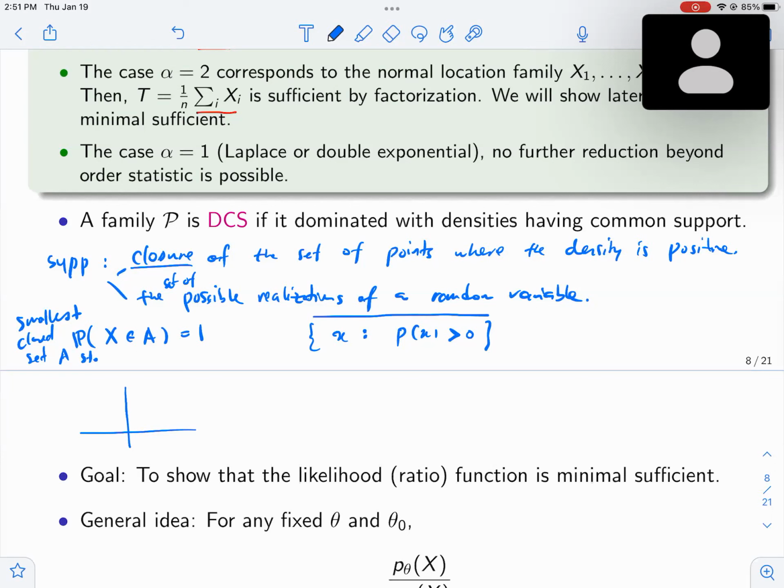The rough definition is good enough for us. So for example, the uniform distribution that we had here, what is the support of this distribution? 0 to theta, right? And so this family doesn't have the property of having common support.